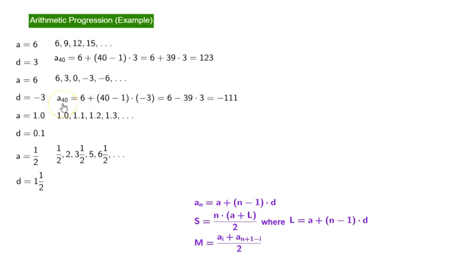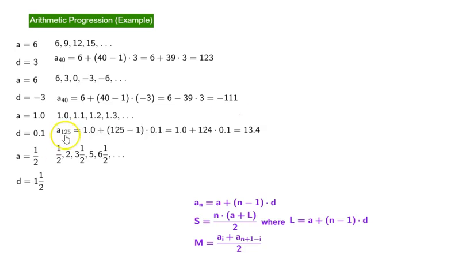What about the 40th term of this sequence? Again, using the same formula, we get a sub 40 is equal to 6 plus 40 minus 1 times minus 3, which is equal to 6 minus 39 times 3, which is equal to minus 111.